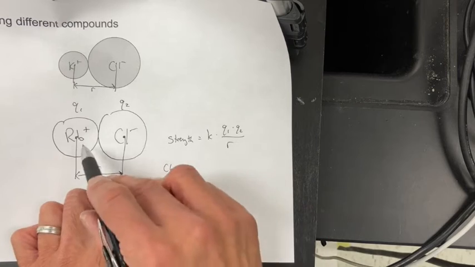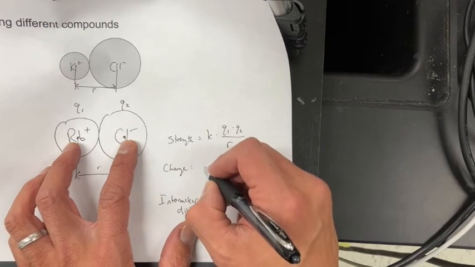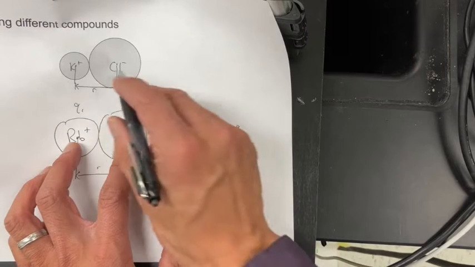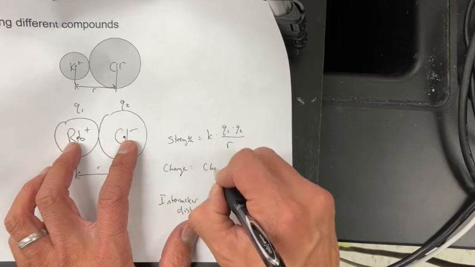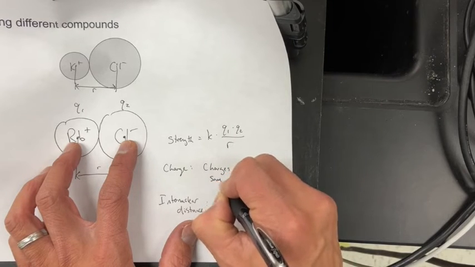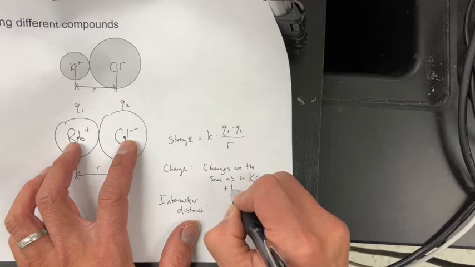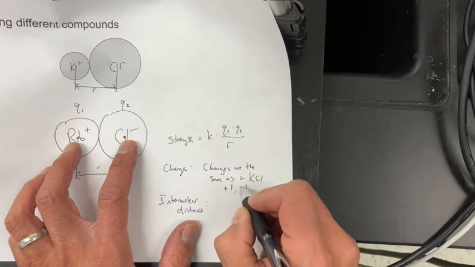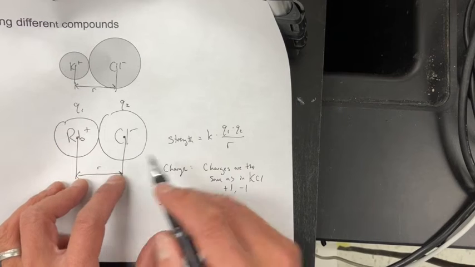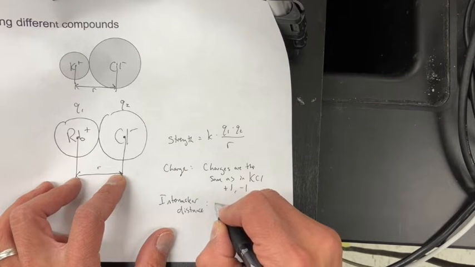For rubidium chloride, has the charge changed? No. So there's no change in charge. The charges are the same as in KCl. They're both plus 1 or minus 1, so they're all 1 charges. But the internuclear distance, R, has gotten bigger.